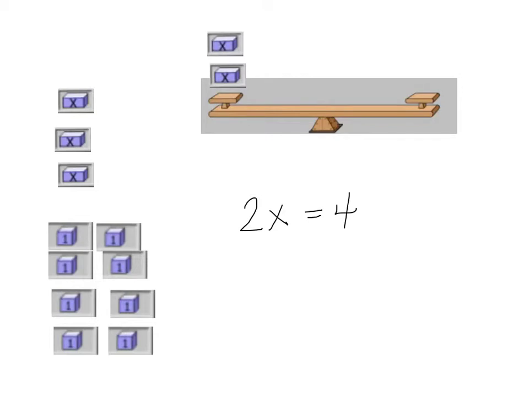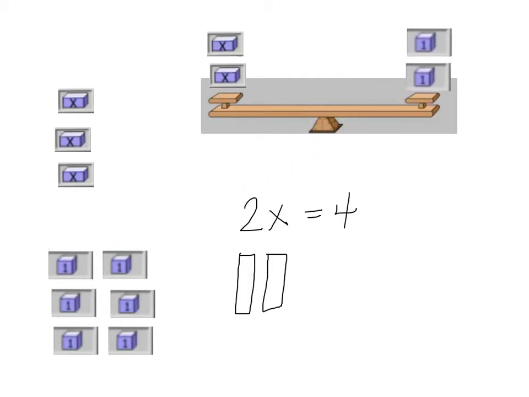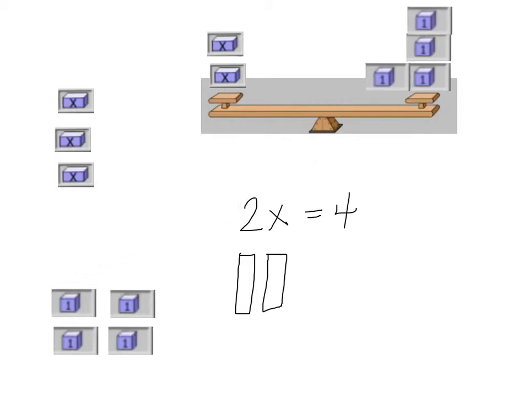If I had algebra tiles, these would be these long rectangular x pieces, and my constants are the little squares that are my 1 units. I'll just stack them here.